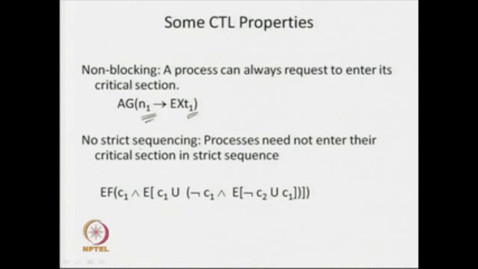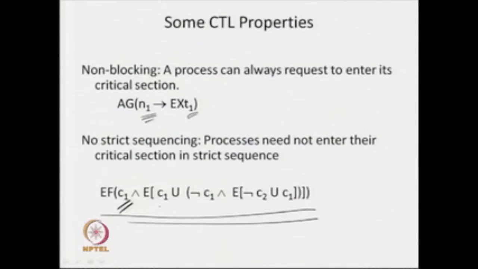And for no strict sequencing, we can represent this particular property with the help of this CTL formula. What it says is that we do not put any strict sequence. That means, if it is in the critical section, it may happen that after coming out of the critical section, it is again allowed to enter into the critical section.